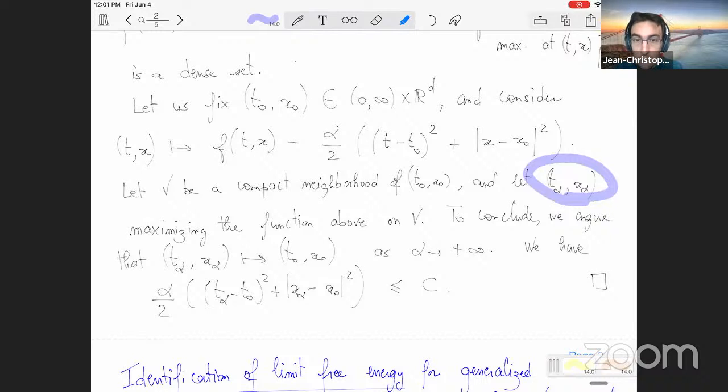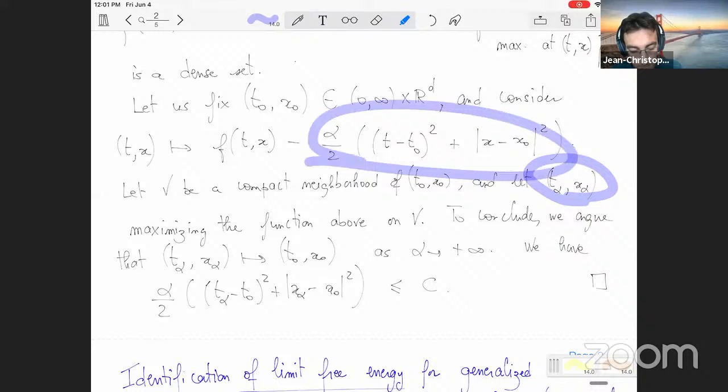Because if you fix alpha, then this is my smooth function, and f minus phi has a local maximum at T alpha, X alpha. So any of those T alpha, X alpha is a valid point, provided the point is not at the boundary of this V, but we argued that for alpha large enough, this doesn't happen. And as alpha goes to infinity, these points go to T0, X0. So we have found contact points which are arbitrarily close to the point I had given myself at the beginning.